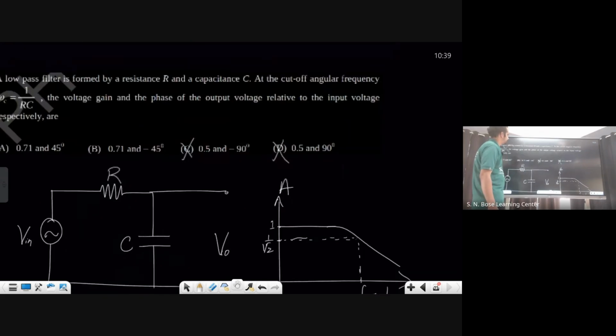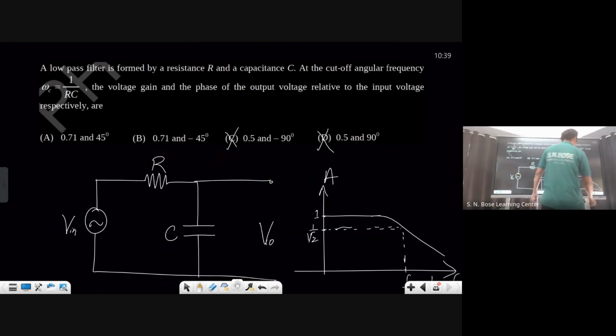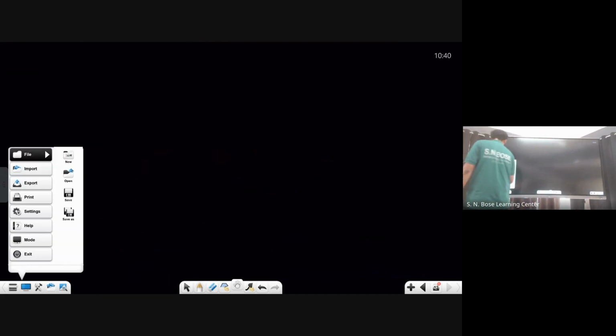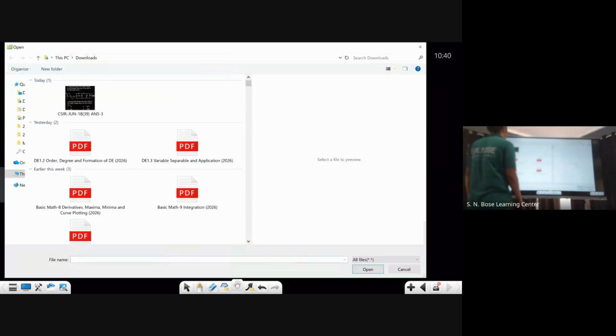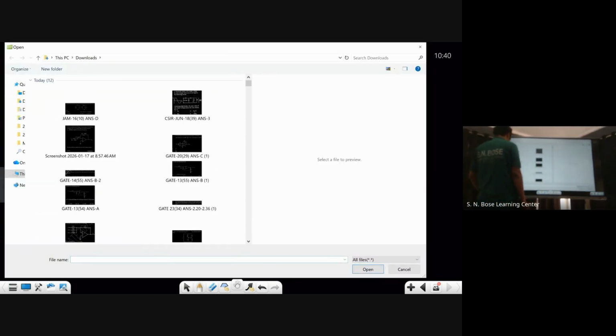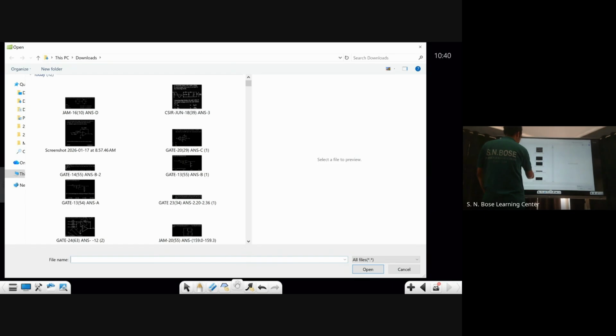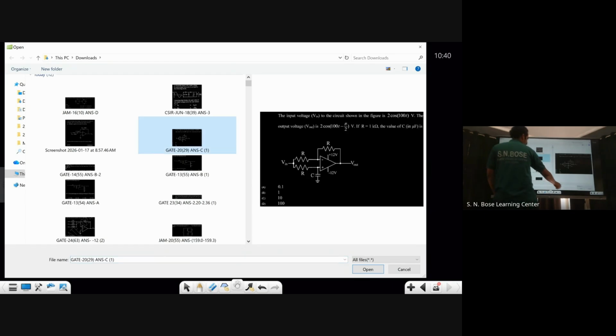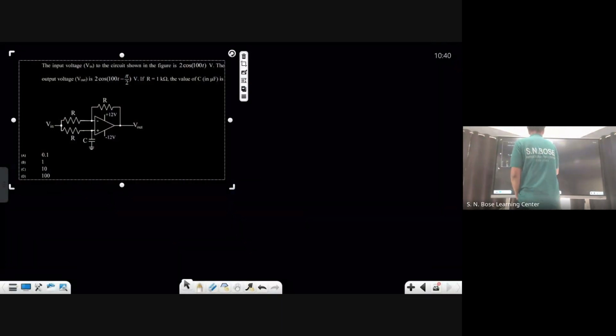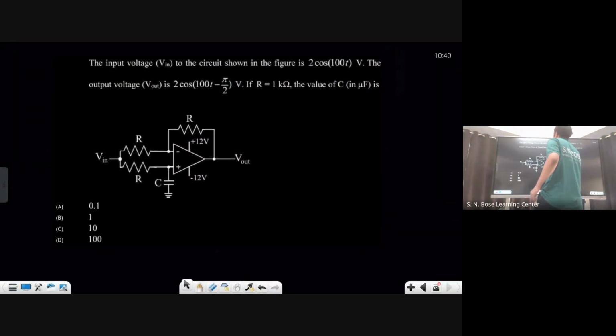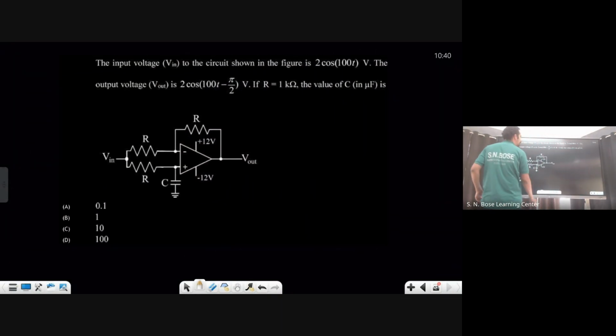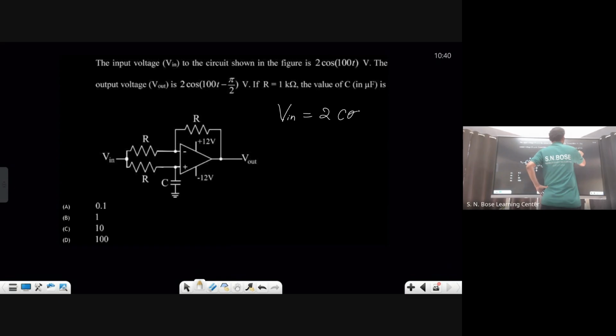Yeah, this is a GATE problem. Can you check this out? Input voltage is 2 cosine of 100t. V in is 2 cosine of 100t.